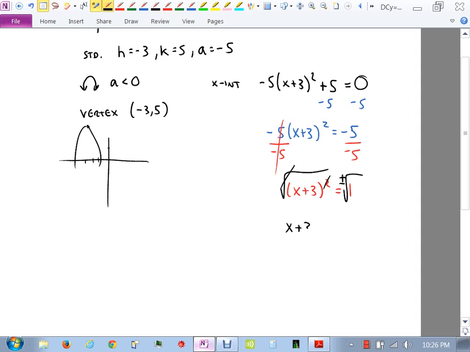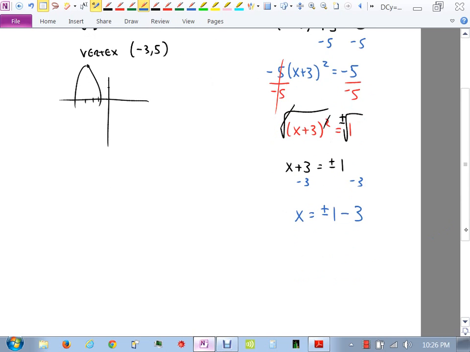We get x plus 3 equals plus or minus 1. Subtract 3 from both sides. So you get x equals, now I had 1 and negative 1, and then I was taking away 3. So first you do positive 1, take away 3, that's negative 2. Then you do negative 1, take away 3, and that's negative 4. So those are your two x-intercepts.